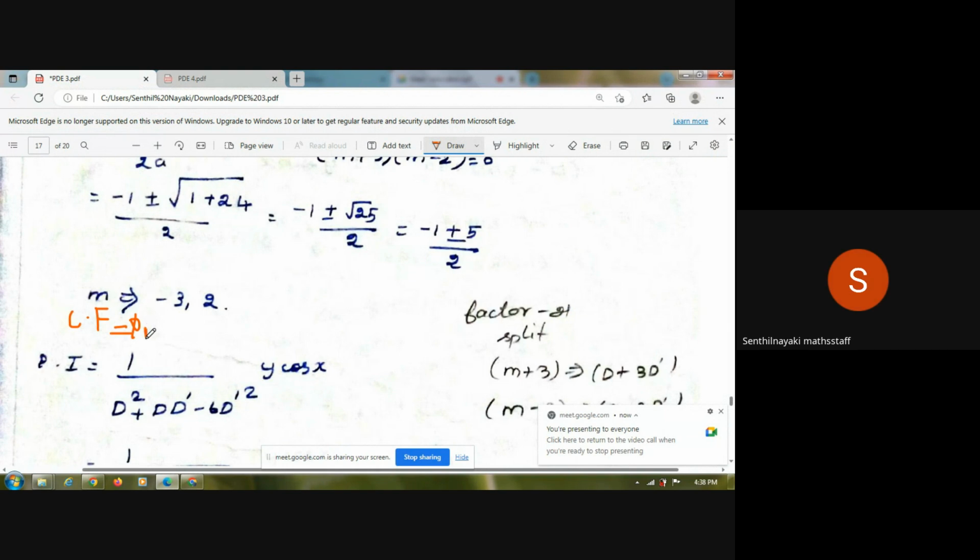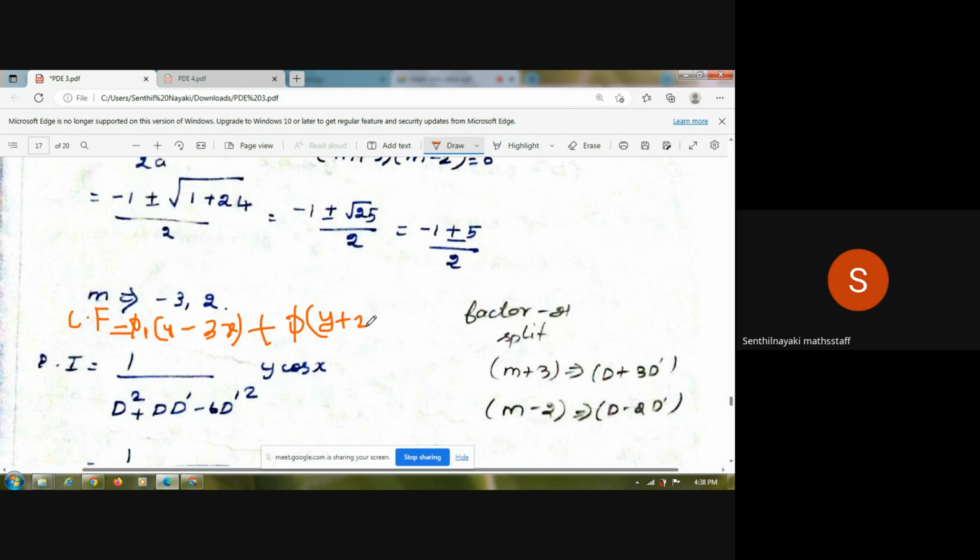Okay. So here there are two roots m equal to minus 3 comma 2. Therefore the CF can be written as phi 1 of y minus 3x plus phi 2 of y plus 2x. So this is the complementary function.